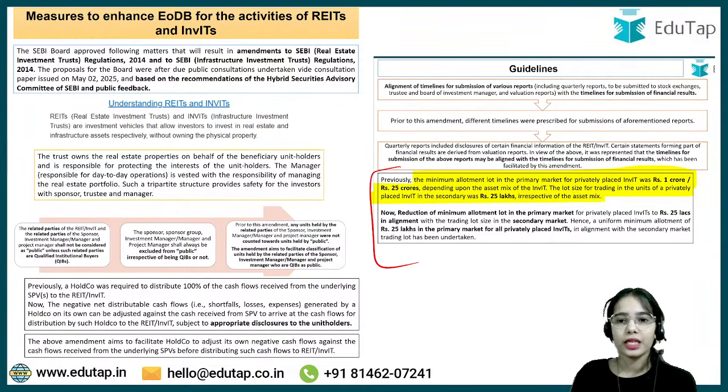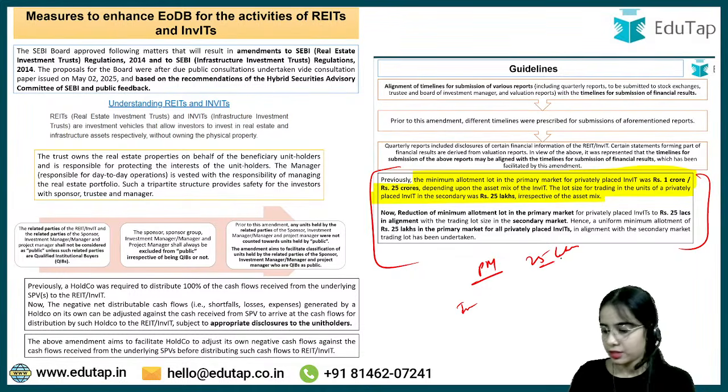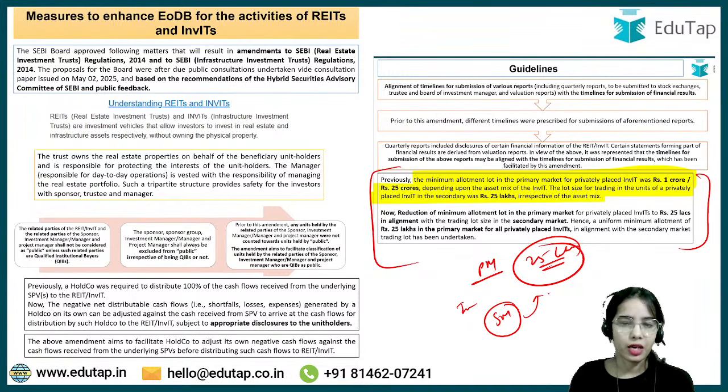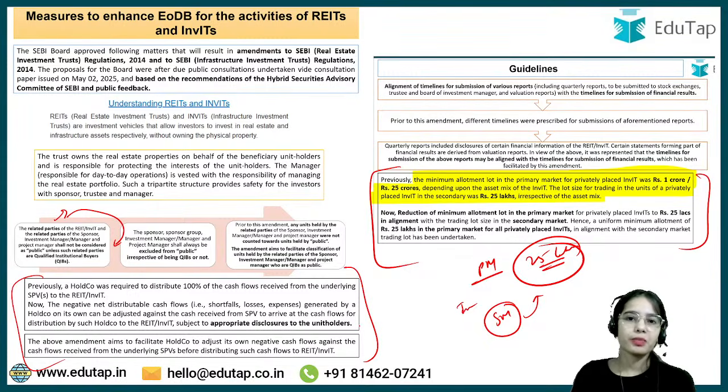You can understand that the lot size has been decreased in the primary market for the privately placed InvIT to 25 lakhs, the same as in the secondary market. As well as, the related parties can be considered as public if they are qualified institutional buyers, and the holdco, if it is making losses, can cover its losses from the cash flow from the assets of the special purpose vehicle. That is the idea.